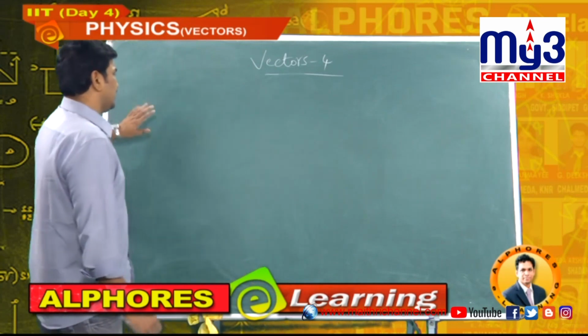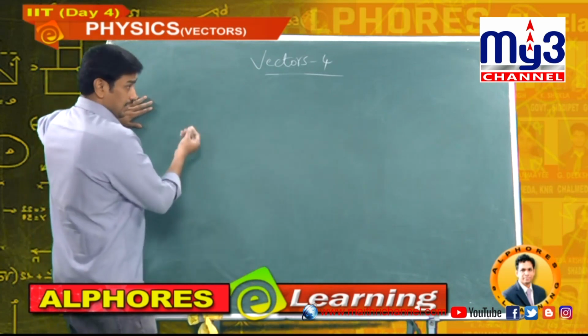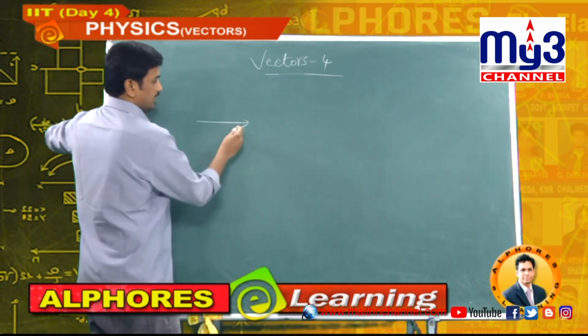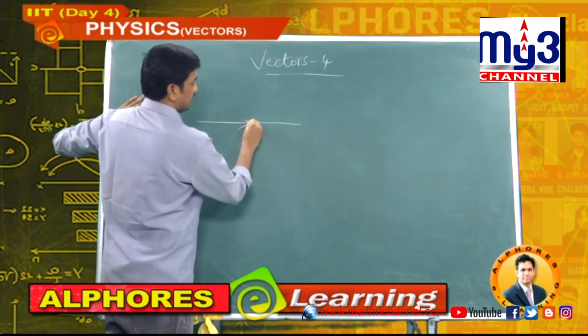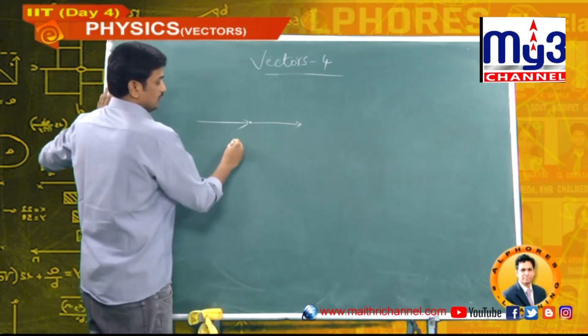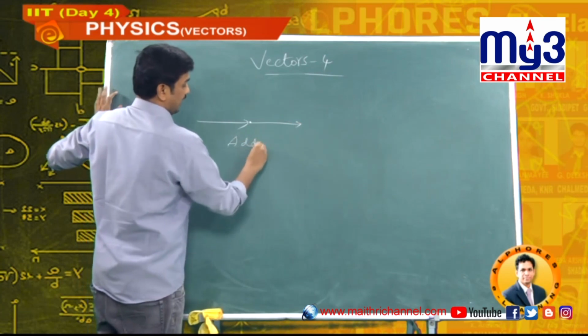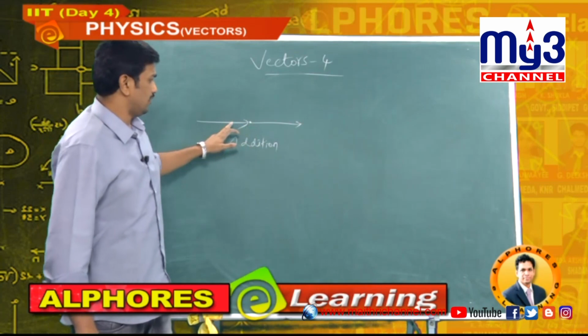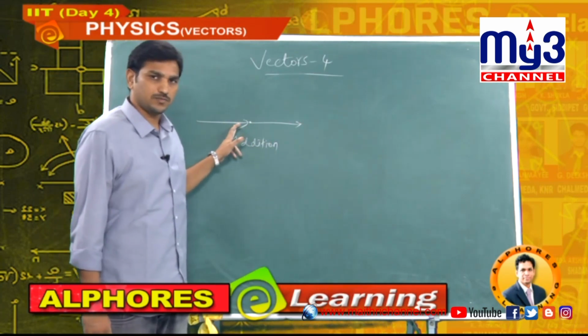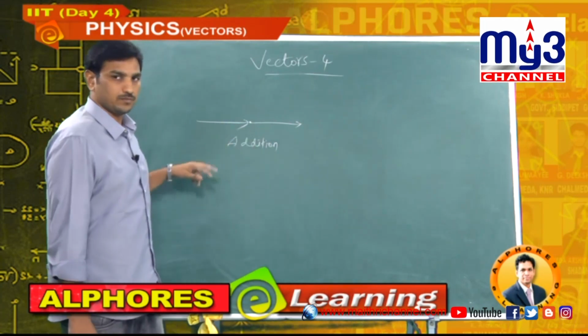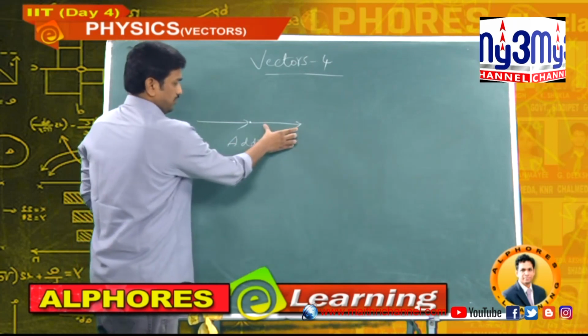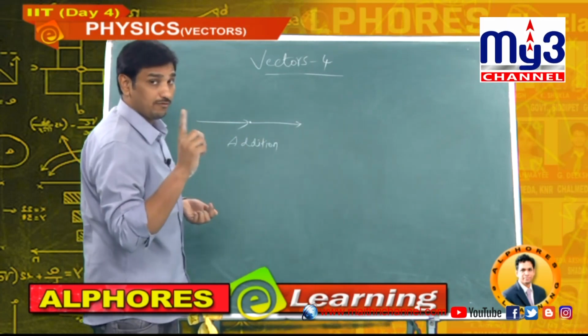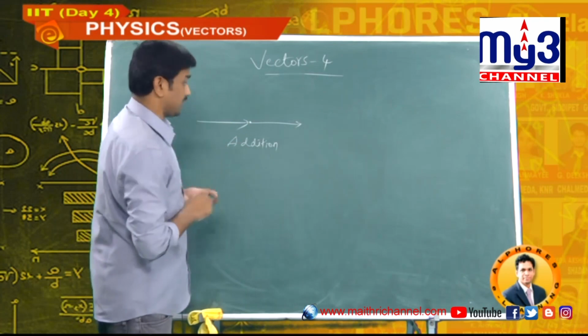We saw those points yesterday: head of the first vector, tail of the second vector. This is the process of addition of two vectors. Here, the angle between two vectors: how much? Same thing, you should join the two tails when you want to calculate the angle between the two vectors.